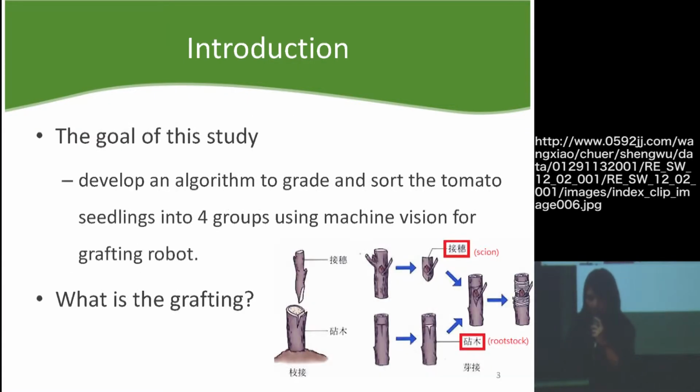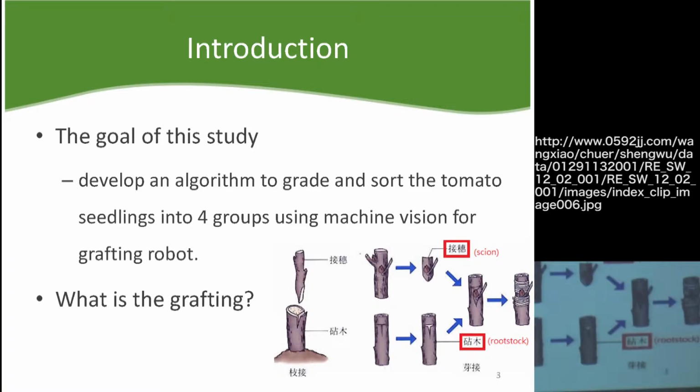The main purpose of this research paper is to develop a grading and sorting algorithm for a fully automatic grafting robot. In this paper, we will grade and sort the tomato seedlings into 4 groups using machine vision for these grafting robots, to make the seedlings to be grafted more precise and faster.